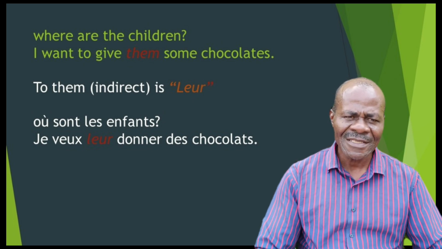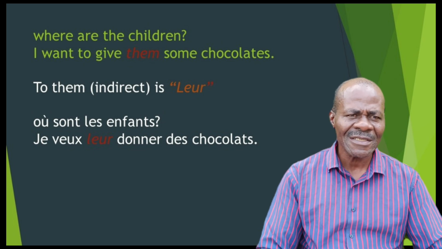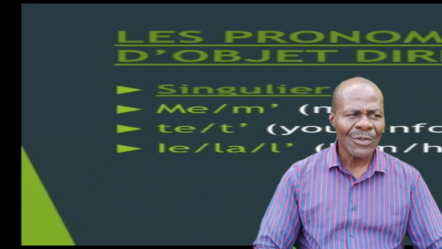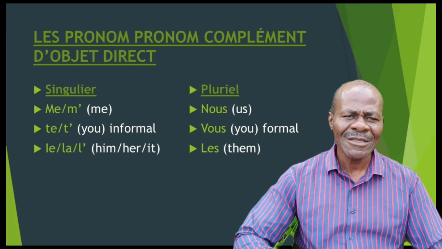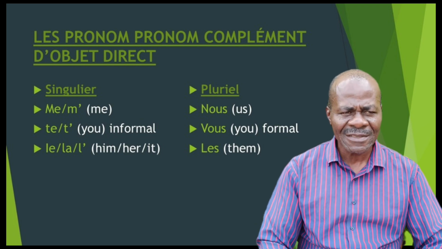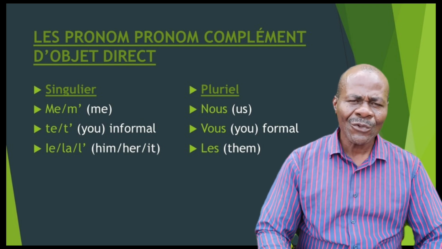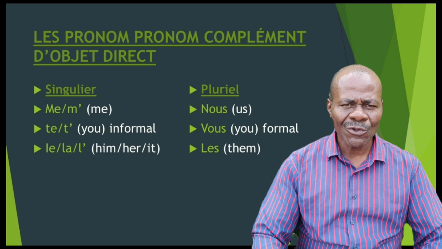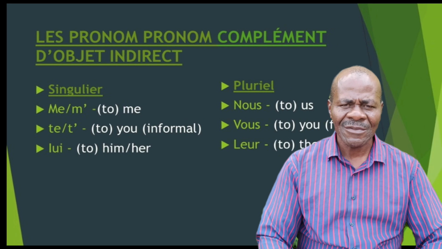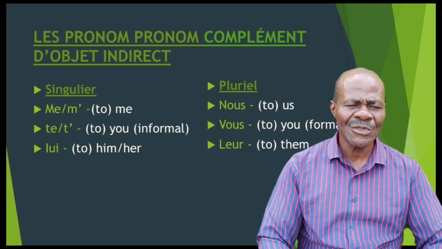So you see, it's very simple. The most important thing is to, first of all, know the type of pronoun you are going to use. Is it pronom complément d'objet direct or pronom complément d'objet indirect? If it is pronom complément d'objet direct, you go into the list of pronom complément d'objet direct.